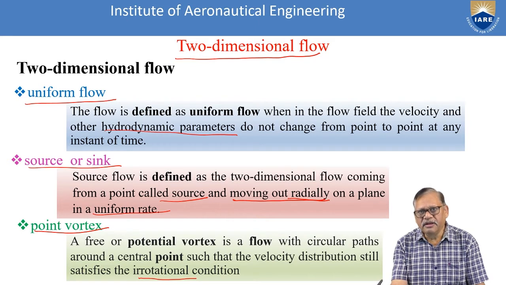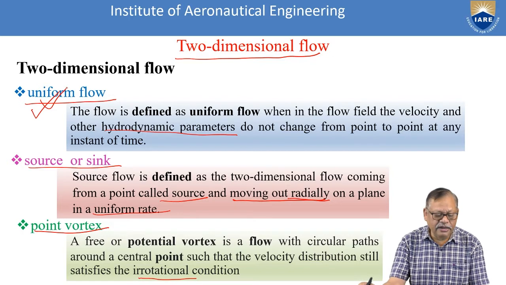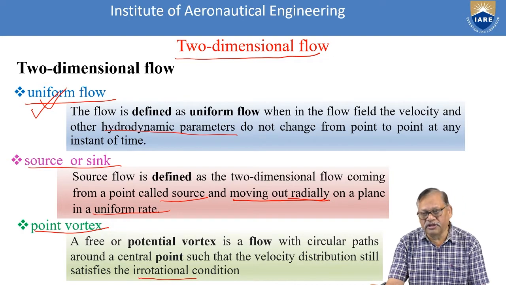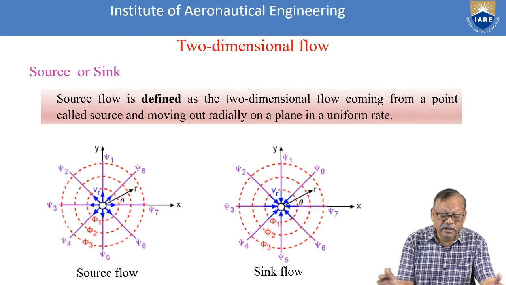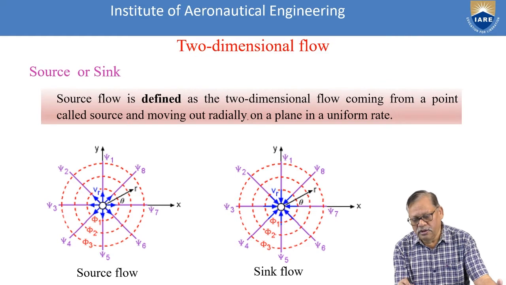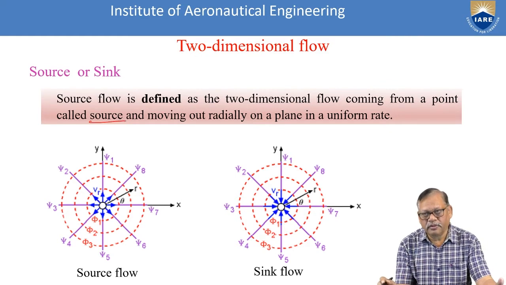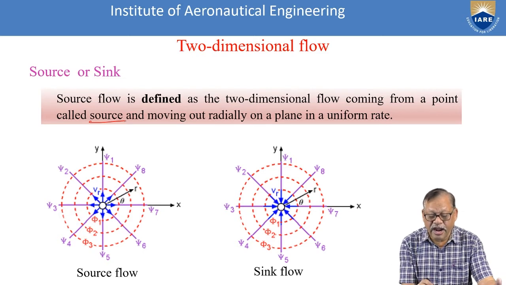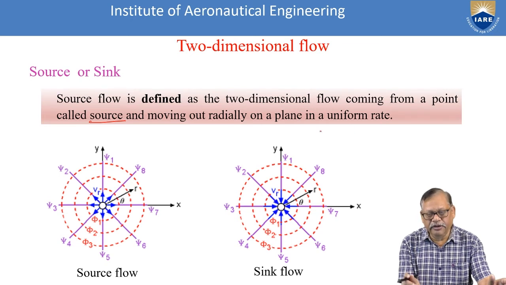With the uniform flow we have already completed the psi and phi values, and let us talk about the source and sink today. That is what we talked about, and I am trying to explain it pictorially. The source flow is defined as a two-dimensional flow coming from a point called the source and moving out radially at a uniform rate.